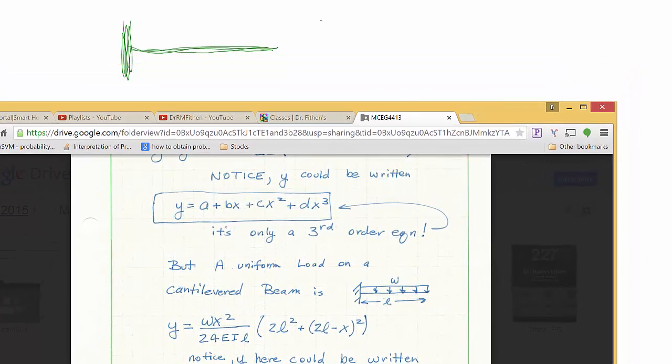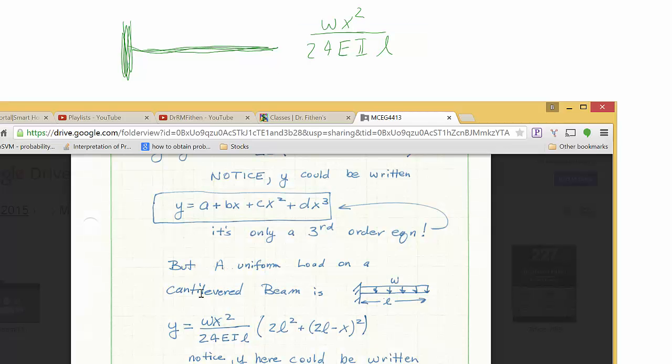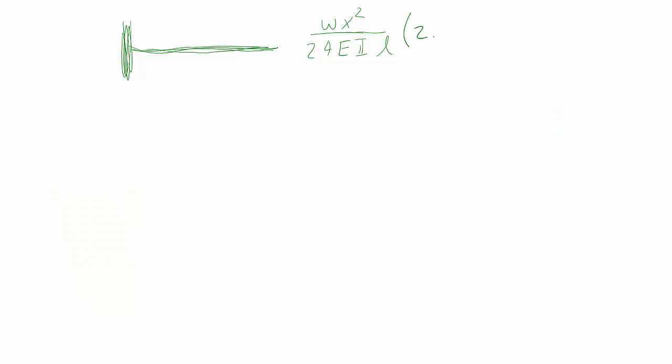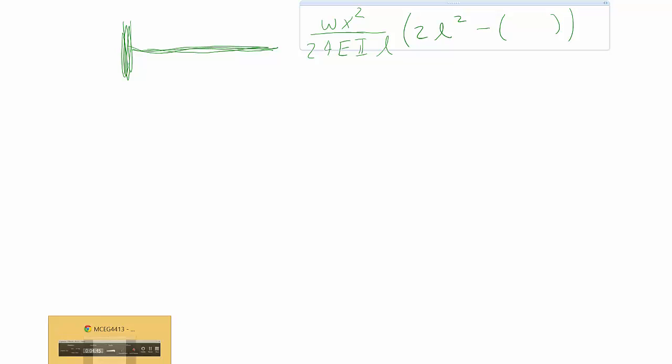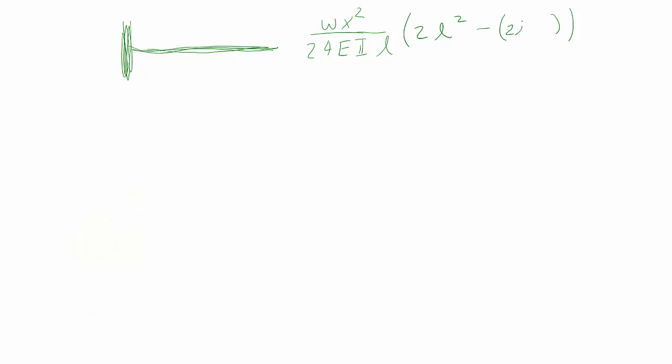Wx squared over what I remember to be 24EIL, but that might be wrong. Was it 24? Then 2L squared minus something in there. Two L minus X. And it's squared.